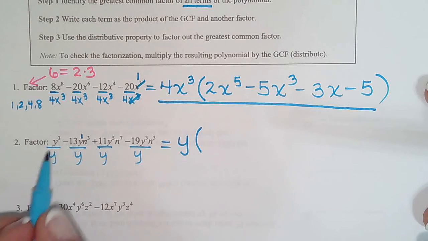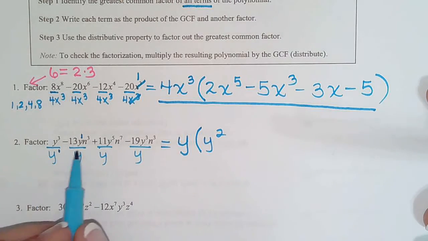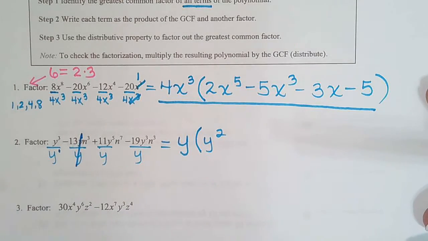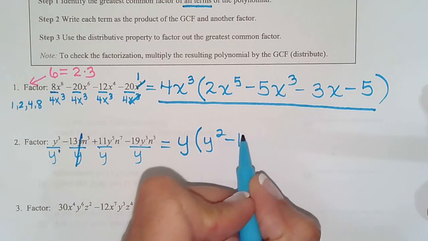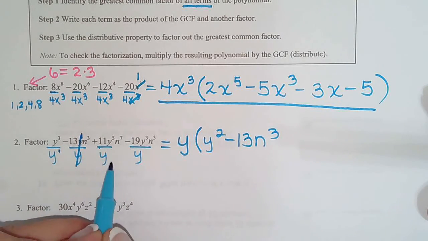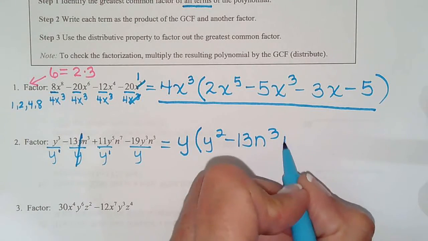So take 1y away, 3 minus 1 is y squared. Y divided by y, ding! So that leaves me with minus 13n cubed plus 11 y to the 4th into the 7th.